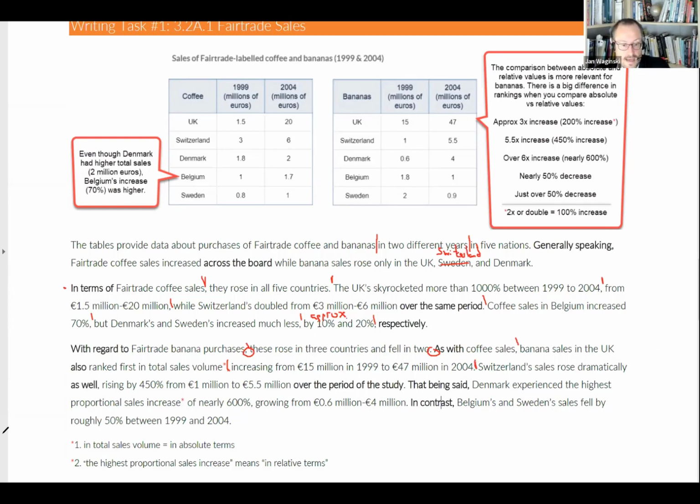Switzerland's sales rose dramatically as well, rising by 450% from 1 million to 5.5 million over the period of the study. That being said, Denmark experienced the highest proportional sales increase of nearly 600%, growing from 0.6 million to 4 million euros. In contrast, Belgium's and Sweden's sales fell by roughly 50% between 1999 and 2004.